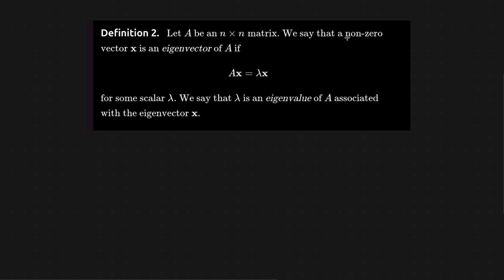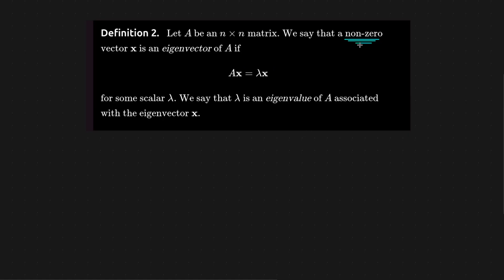Notice that an eigenvector must be a non-zero vector. The reason for that is the zero vector isn't telling us anything especially useful. If I plug the zero vector in here and the zero vector in here, of course the statement would be true. A times the zero vector would equal any scalar multiple of the zero vector, just 0 equals 0.